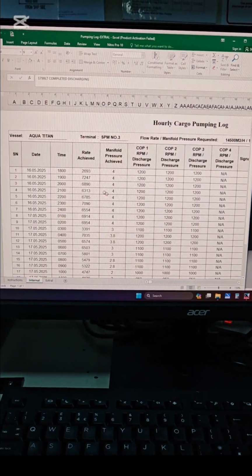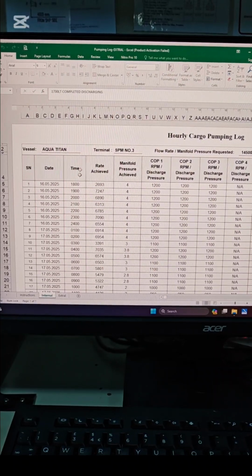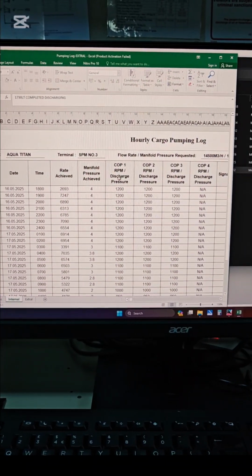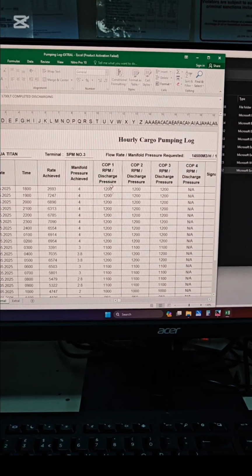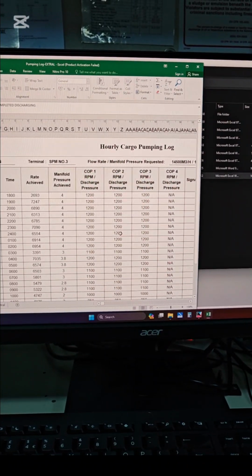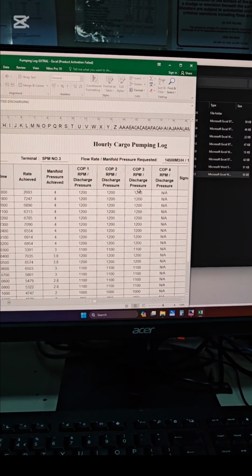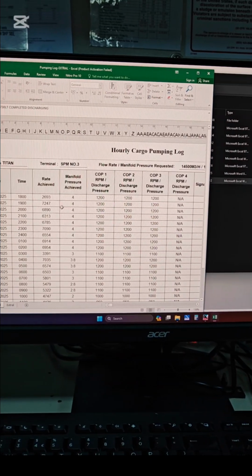And you see here also date, time, rate, manifold pressure, number 1 COP pump RPM, discharge pressure, number 2 COP pump RPM, number 3 RPM. Number 4 I don't have, only 1, 2, 3 COP pump, cargo oil pump. So like this also you have to maintain.